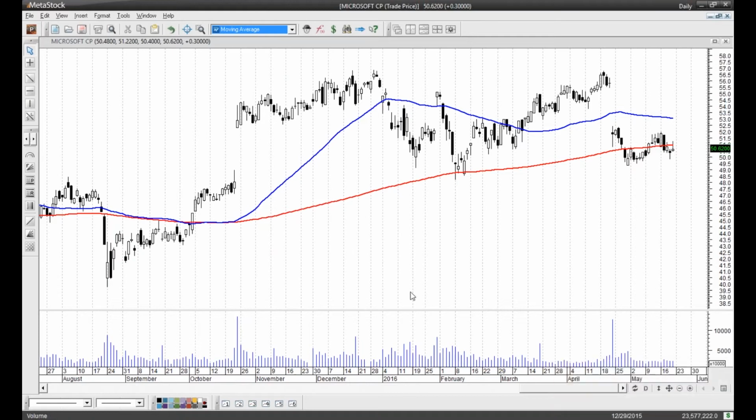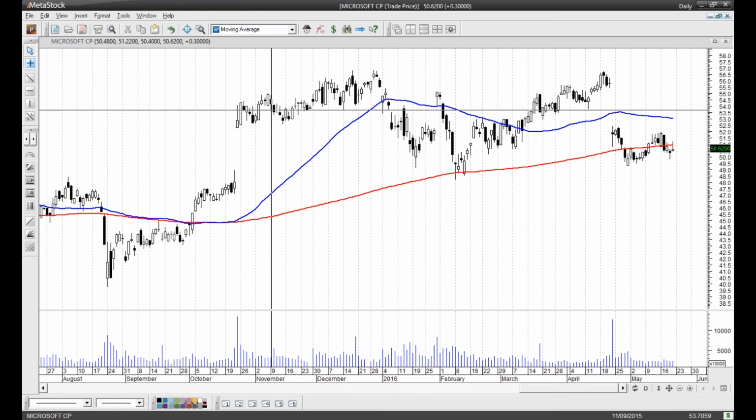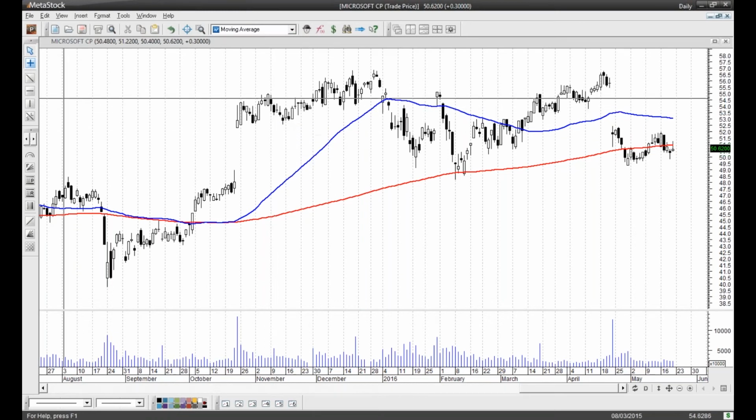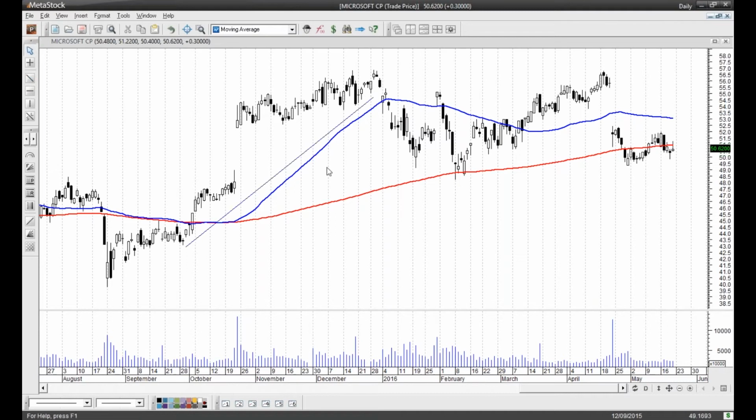Okay. Now, on the left side, we have our different charting tools here. We have our crosshair tool where we can identify a specific point in time. We have our trend line tool so that we can go ahead and draw trend lines. So we want a trend line right here.